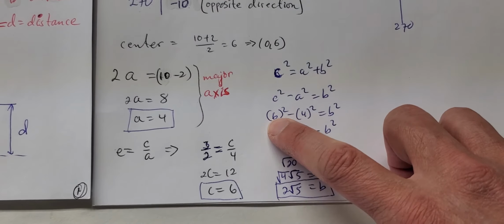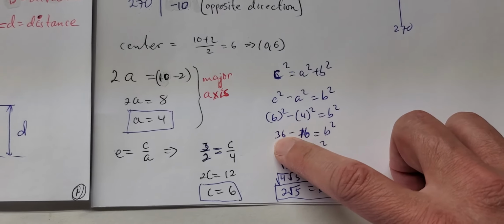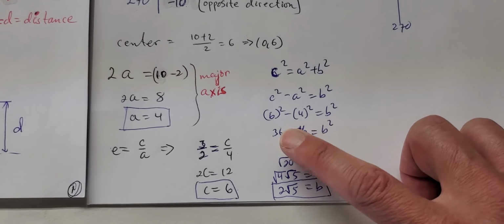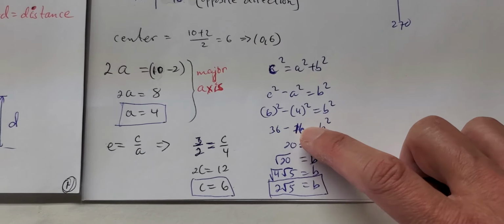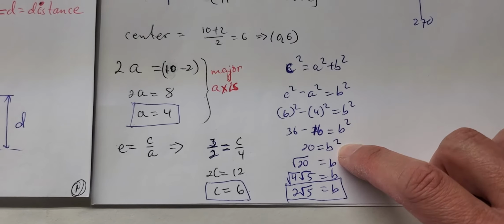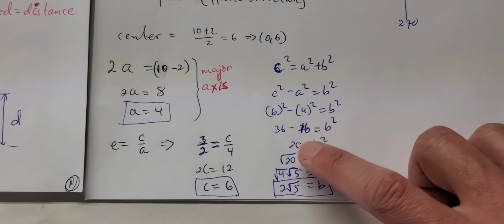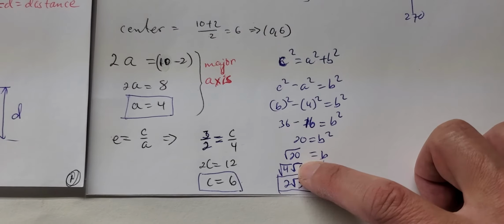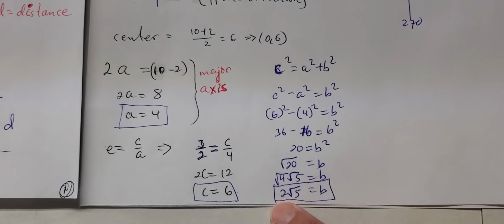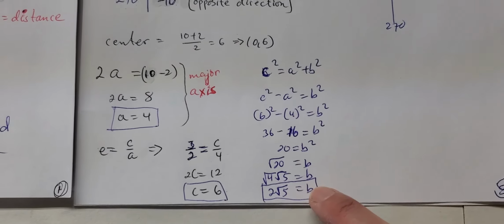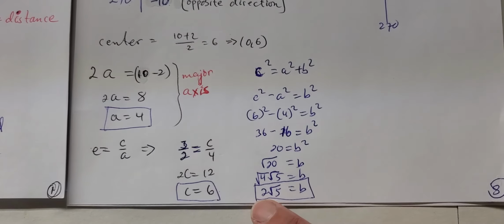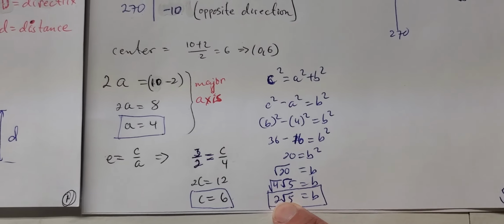We know what C is, 6. We know what A is, 4. So 36 subtract 16 is 20. We don't want the square, we want the square root. So square root 20 is square root 4 times square root 5. Square root 4 is 2, square root 5 stays. So B is 2 square root 5.